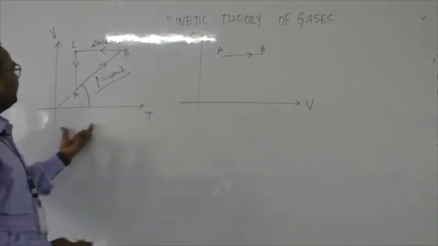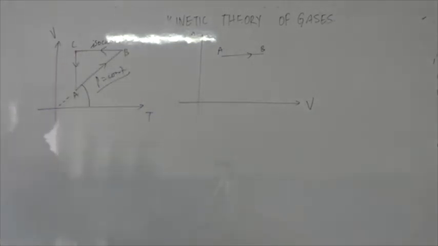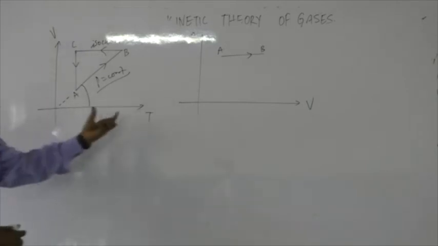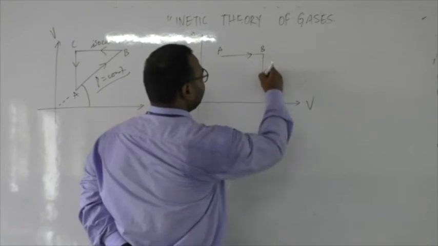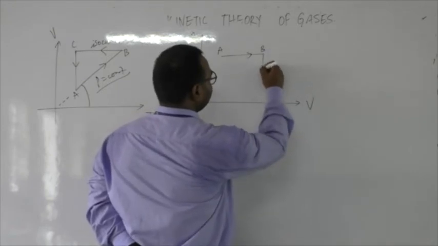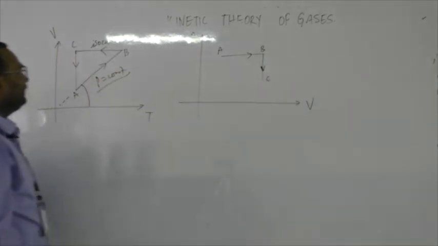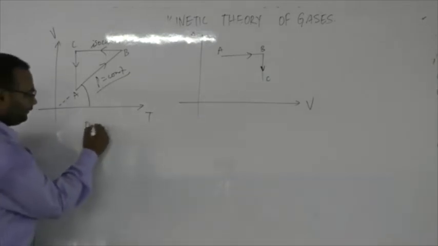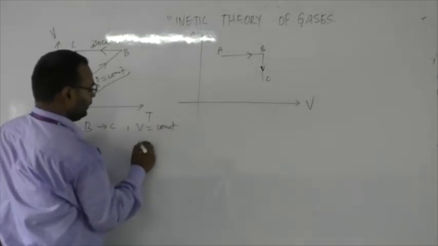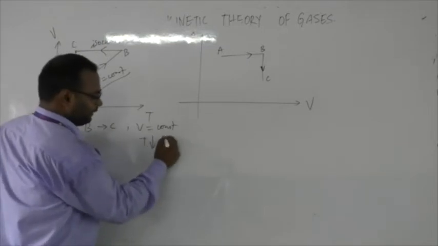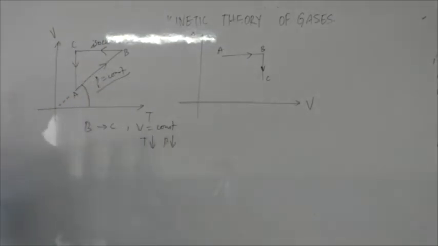Again temperature is decreasing. At constant volume, when temperature decreases, pressure also decreases. So from B to C, this graph. See again, from B to C, V is constant and temperature is decreasing, so pressure also decreases.